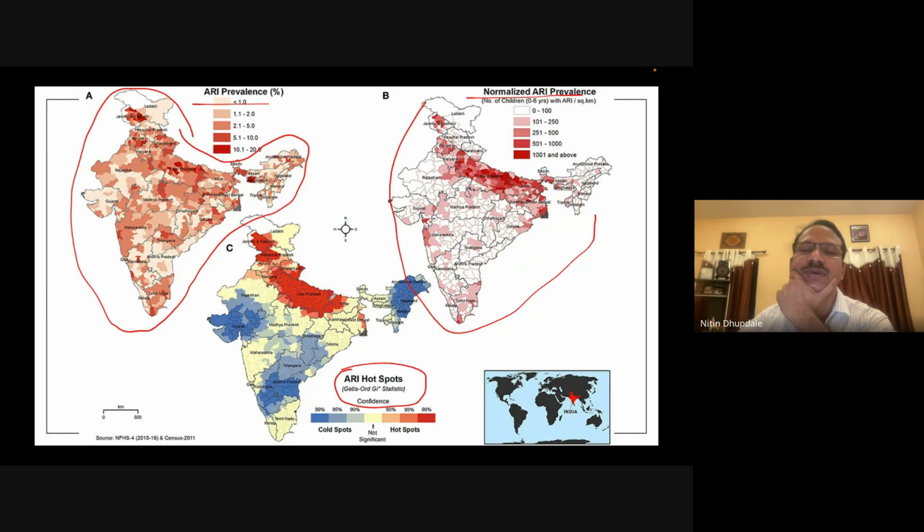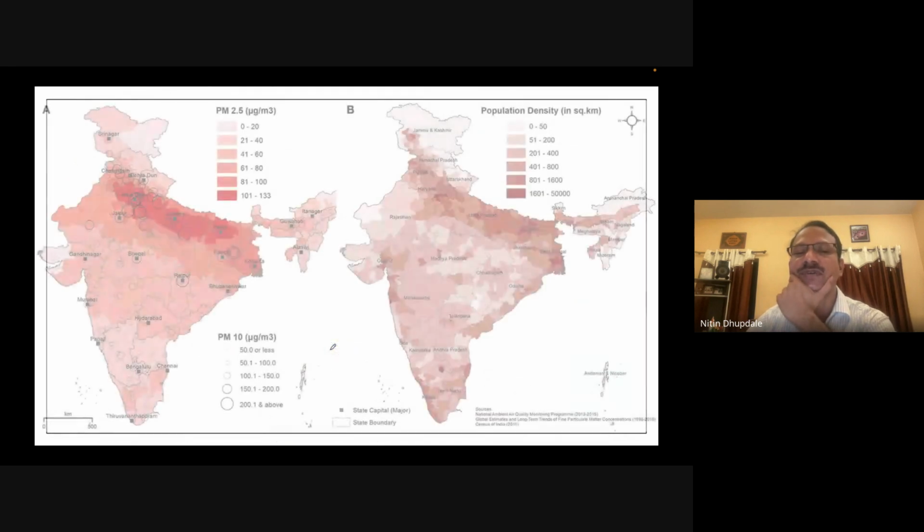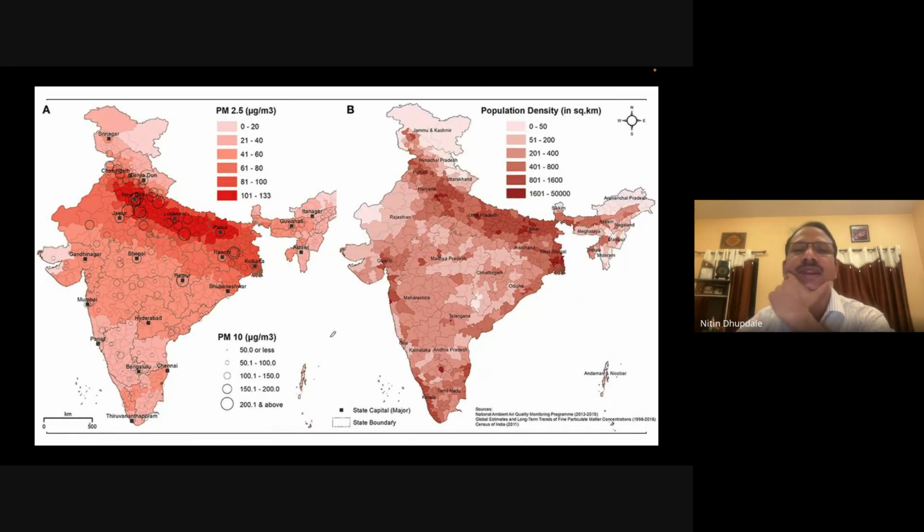The hotspots are in the northern part of the country, and there are 4 spots of ARI. These are the states which have very low prevalence of ARI. Then the particulate matter in the air is shown here. The population density is shown here.